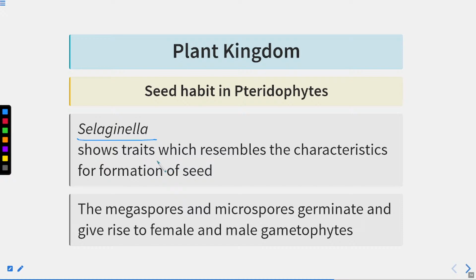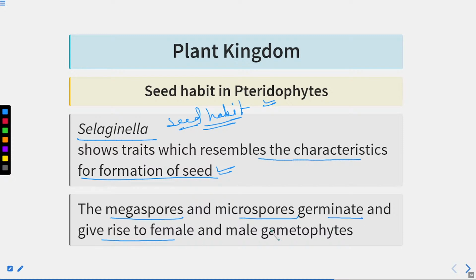Selaginella shows traits which resemble the characteristic of the formation of seed. Very important point: seed habit. And this we see for the first time in the case of pteridophytes. The megaspore and microspore germinate and give rise to the female and male gametophyte, right?